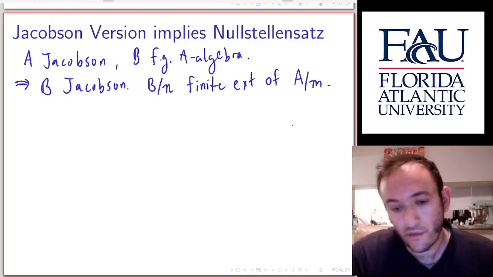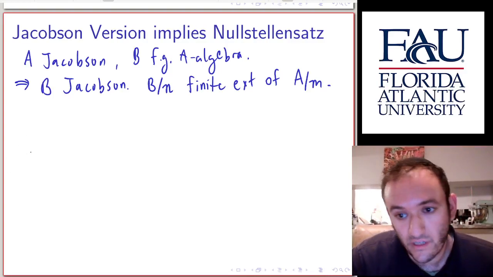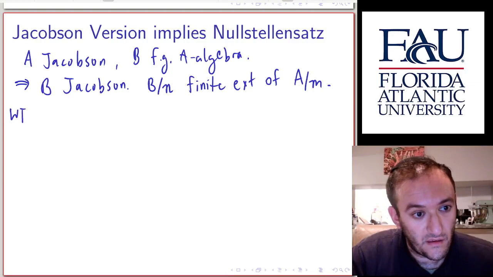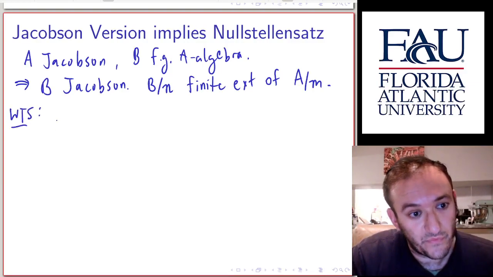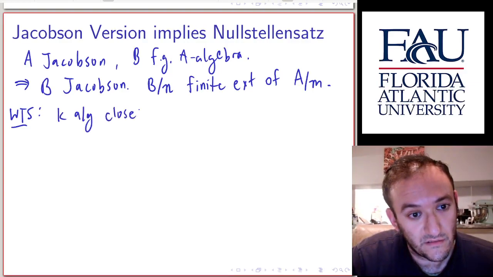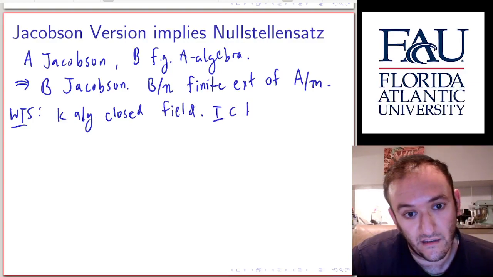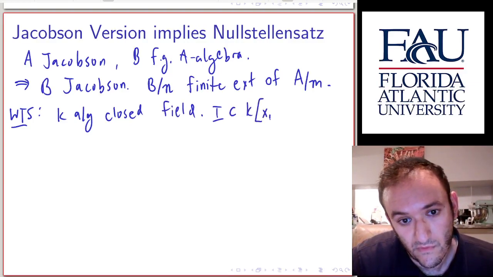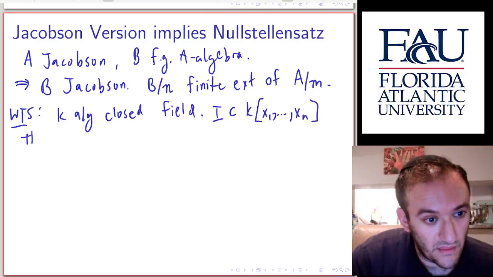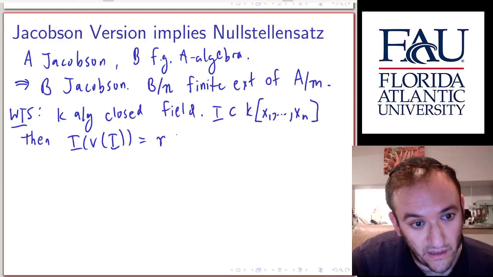Okay, so that's the Jacobson version, and we eventually want to get to the standard version, where K is an algebraically closed field and I is an ideal in the polynomial ring with n variables. Then I of V of I equals radical of I.